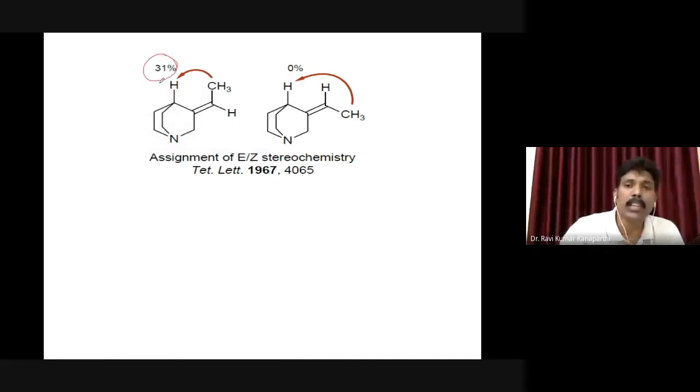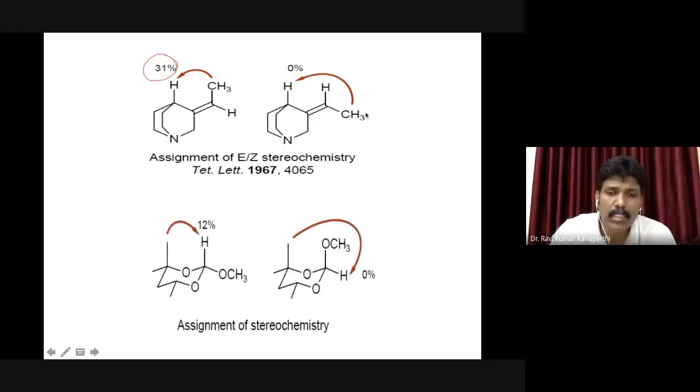On the other hand, suppose this is present in this configuration, then you don't see any signal enhancement. Therefore, we say both are trans. That allows you to basically determine the stereochemistry of that particular molecule, right?